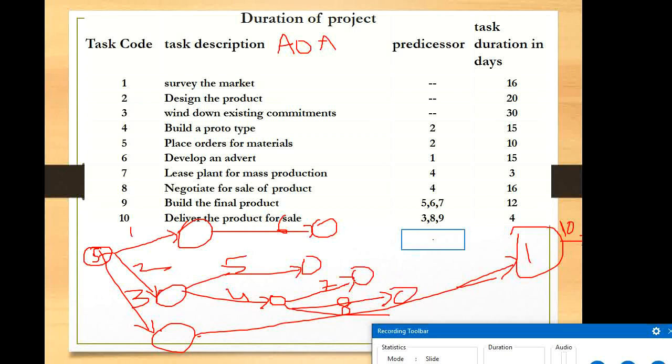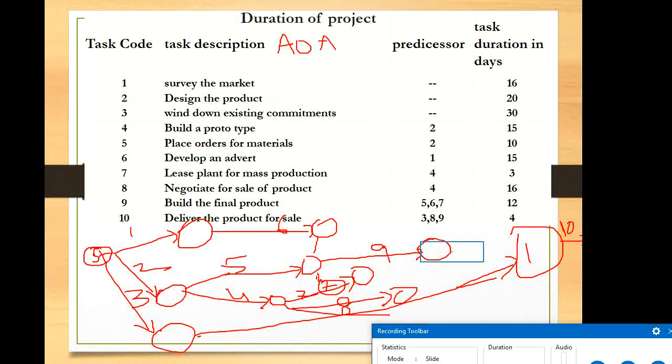So for 9, 5, 6, 7 are the preceding activities. Suppose we take here it is 9, right? 5, 6, 7, you can connect. Suppose I am taking 7 here, right? We connect with the dotted arrow.